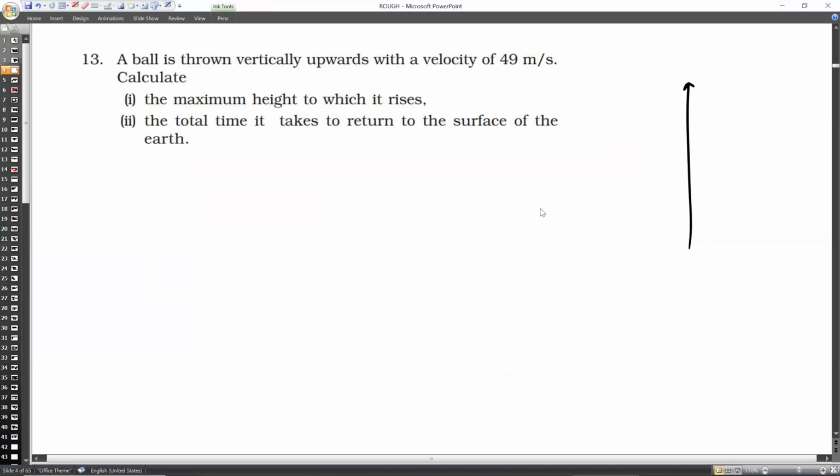Here's the question. Now tell me. A ball is thrown vertically upward with a velocity of 49 meter per second. Calculate the maximum height to which it rises.